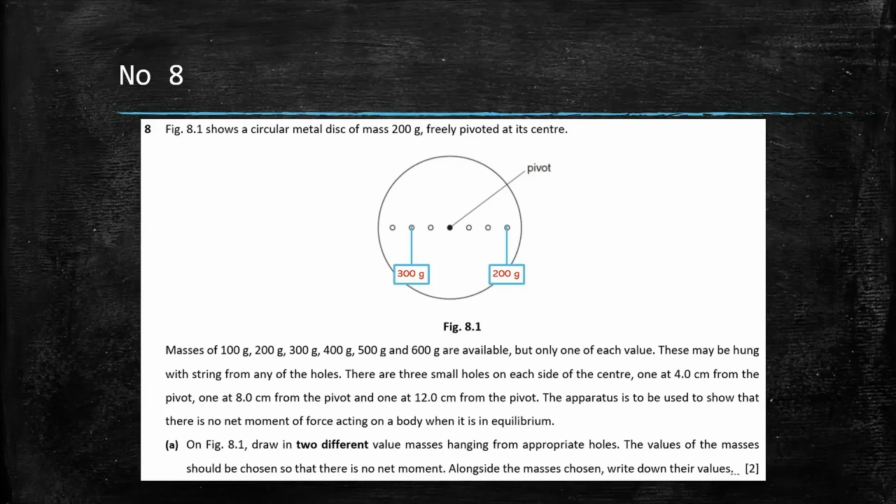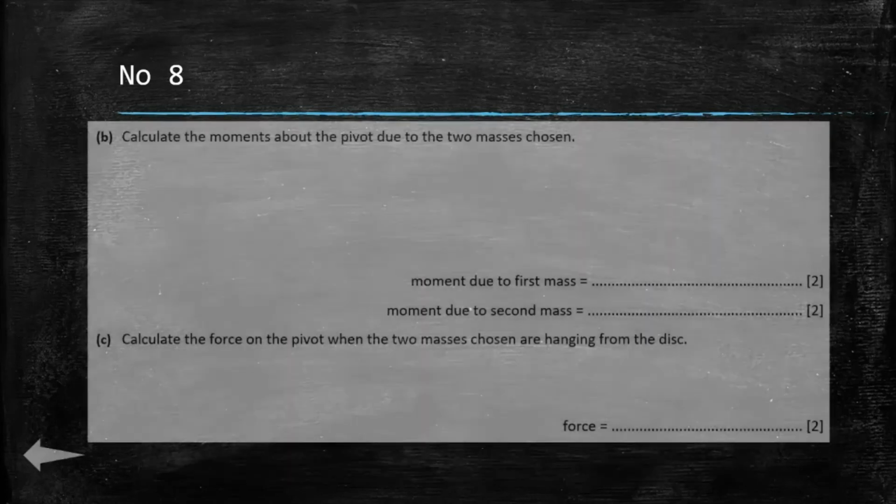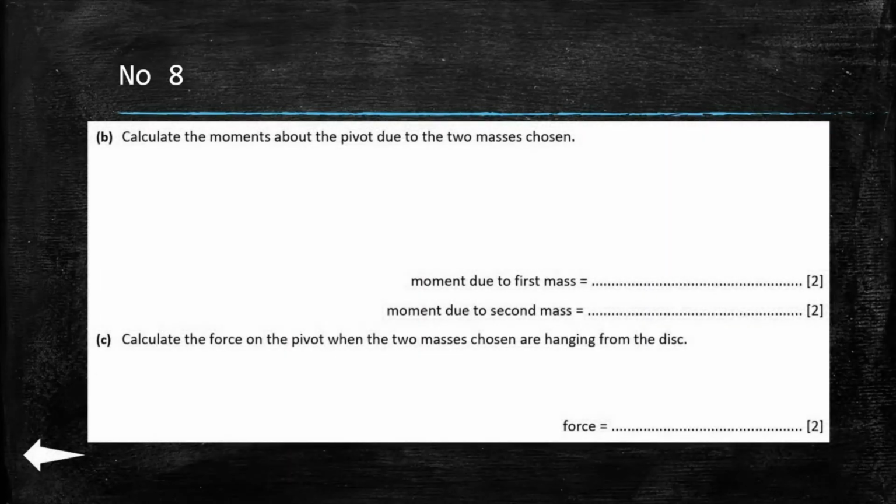Question number 8b. Calculate the moments about the pivot due to the 2 masses chosen. The answer to this question is based on your choice in 8a. So, I will answer this based on my choice in 8a.